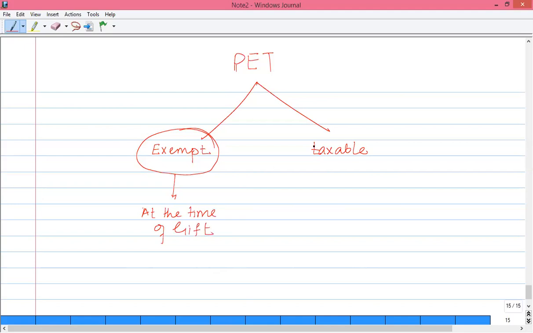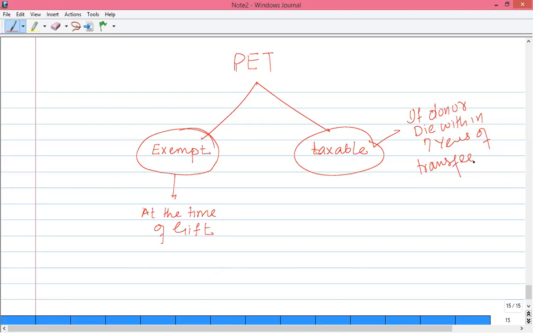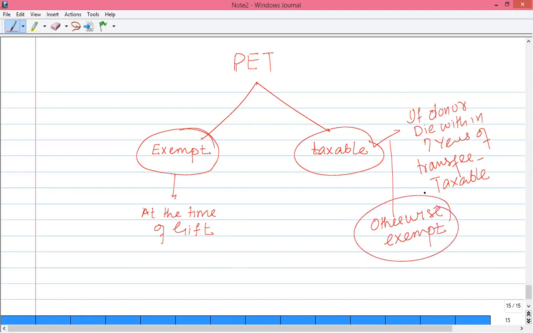But there are two circumstances. If donor dies within 7 years of transfer, then it becomes taxable. Otherwise, completely exempt. That's why it's called potentially exempt transfer.